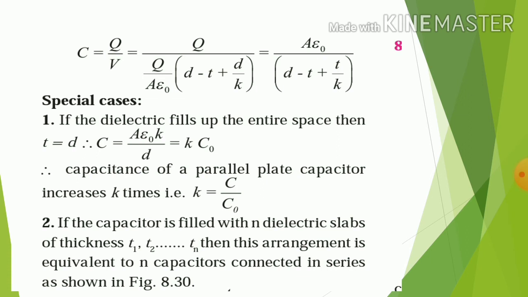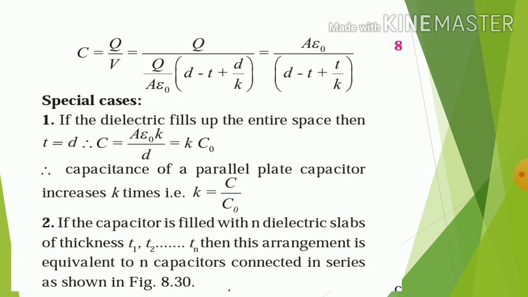In the second special case, we consider that the capacitor is filled with n dielectric slabs, that is, n dielectric slabs of thickness T1, T2, T3, up to Tn are present between the two parallel plates of the condenser.